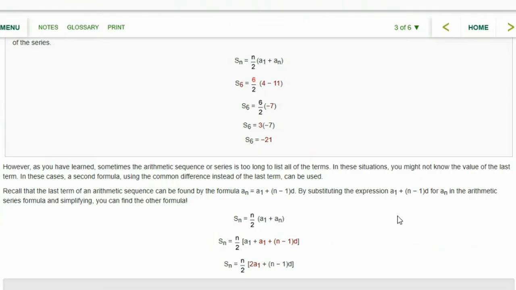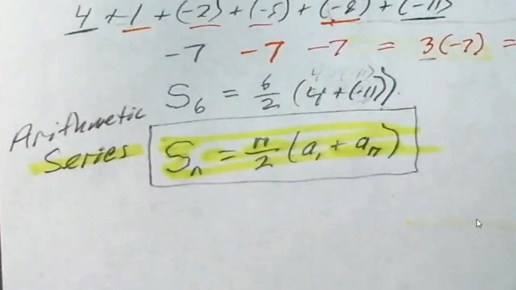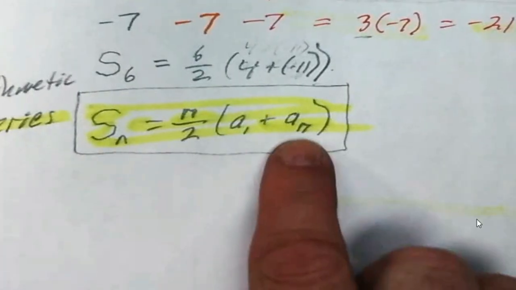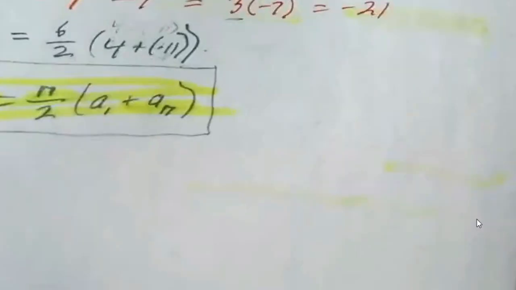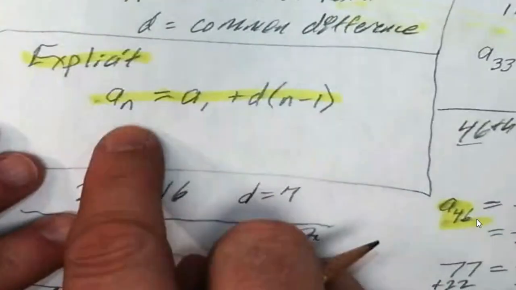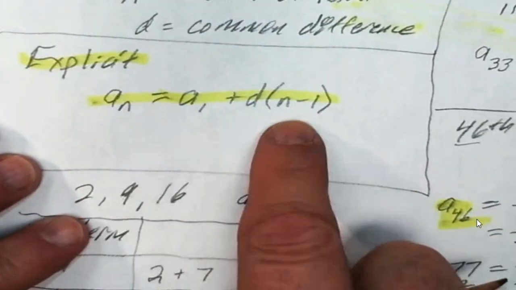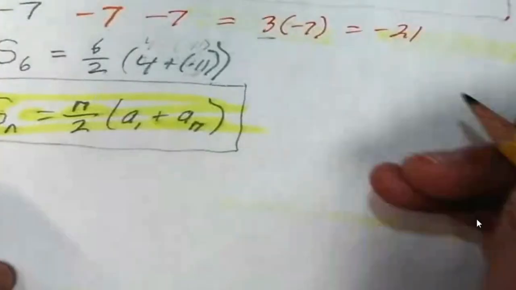So let's modify our formula based on that. If we don't know a sub n, because we might not, we had a formula to find a sub n over here. Right, a1 plus d times n minus 1.